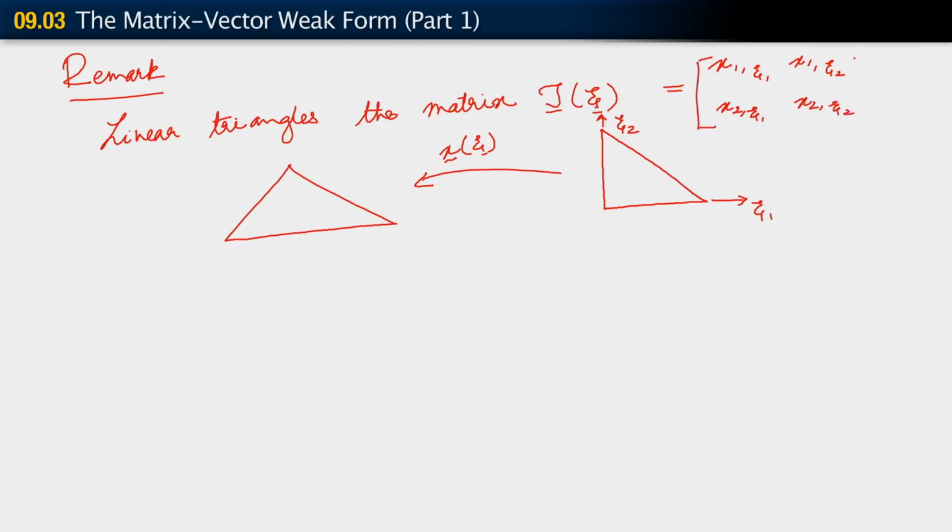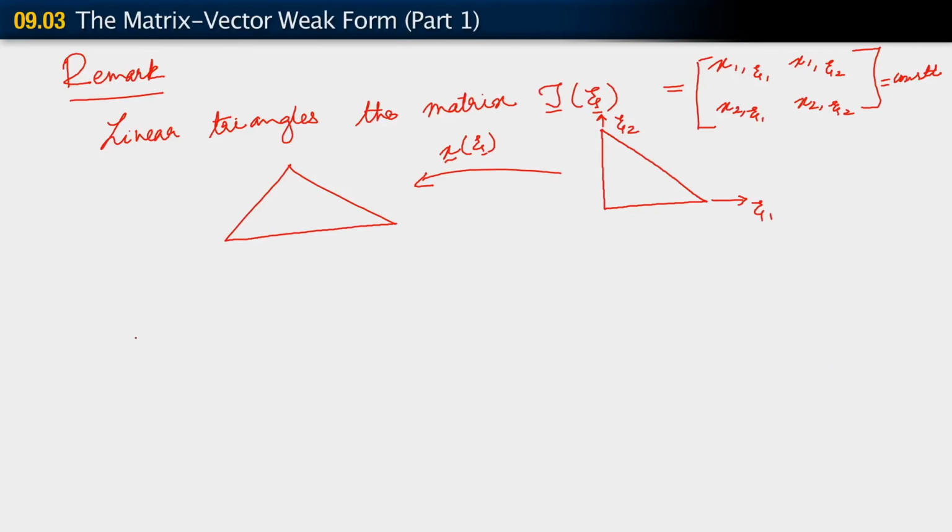If you go ahead and compute this for linear triangles, what you find is that this matrix is a constant. The components of that matrix are constant because of the linearity of the map. There's no bilinearity in the dependence of x1 and x2 upon C1 and C2. So when you take those derivatives, you get constants.